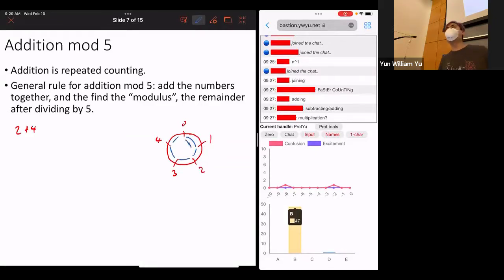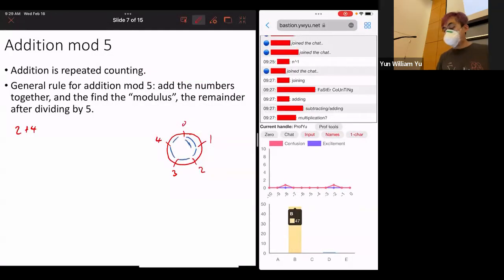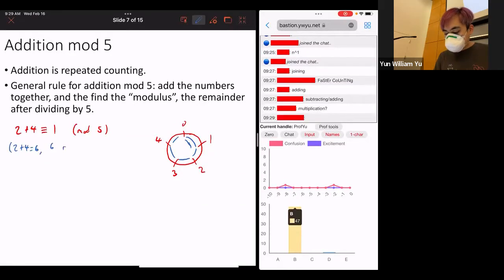That's the same as taking 6 steps. But we know that 6 steps is equal to 1 step, right? And so this is equivalent to 1 mod 5. And of course, you can see this because 2 plus 4 is equal to 6, and 6 divided by 5 is equal to 1, remainder 1.